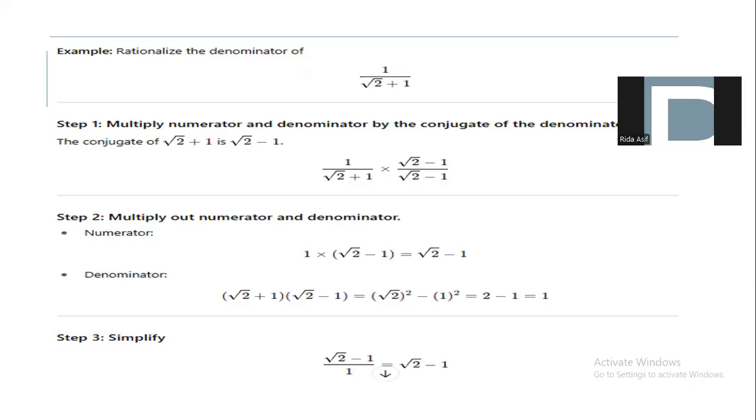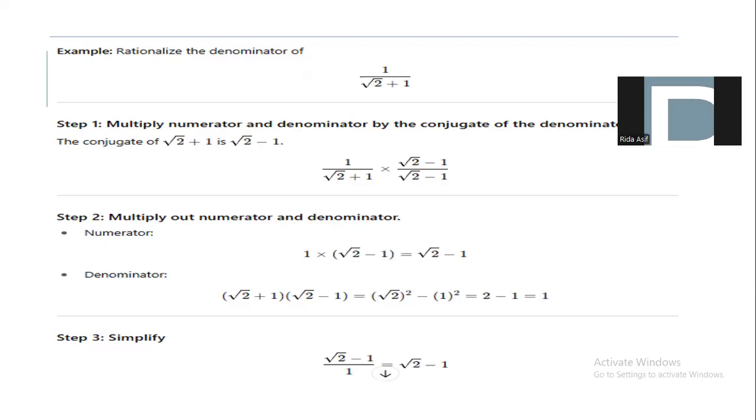That means a squared minus b squared. So we get root 2 squared minus 1 squared, which gives 2 minus 1. Root and square are cancelled. So we simply get 2 minus 1 equals 1.